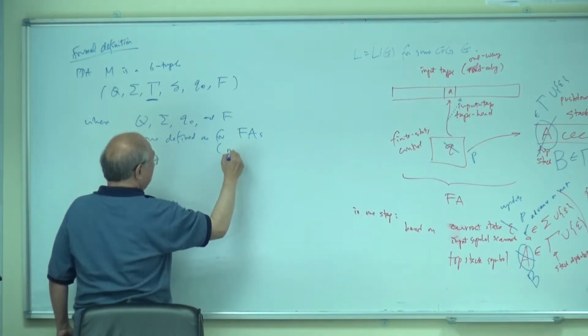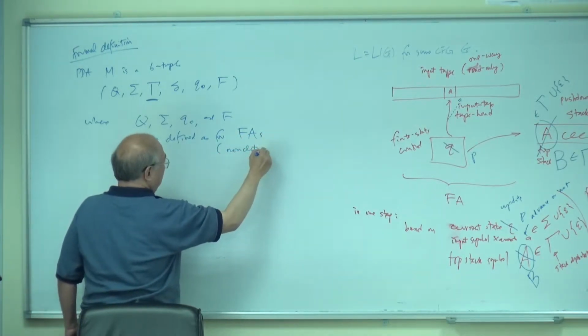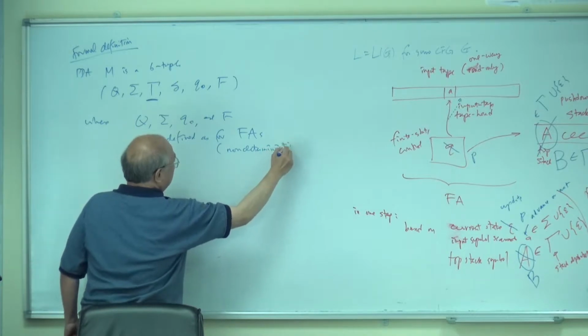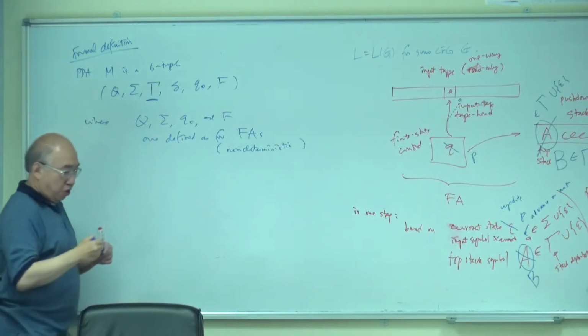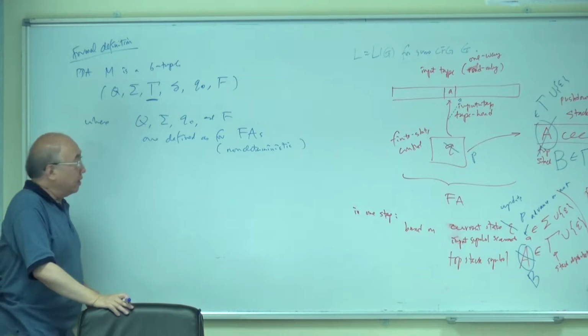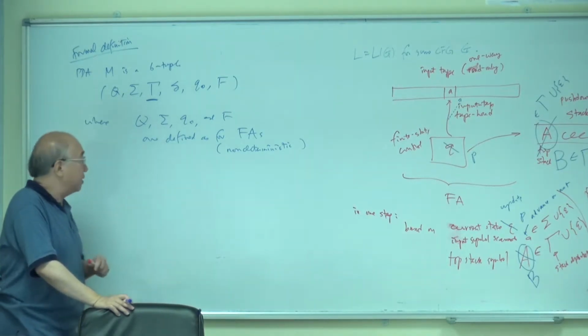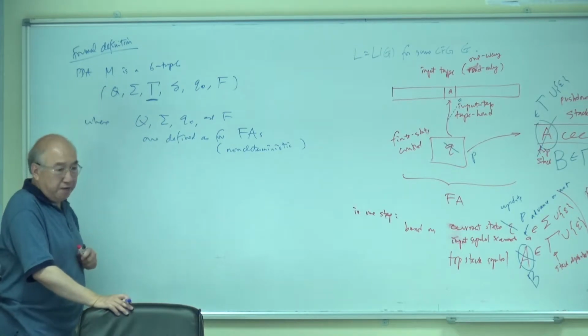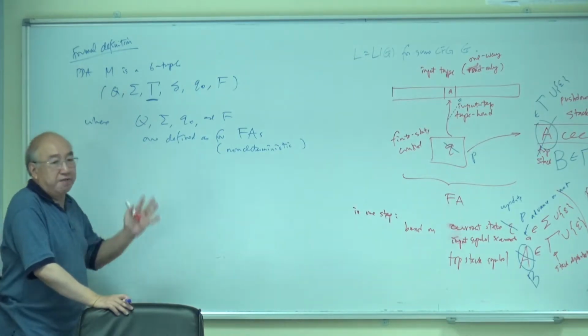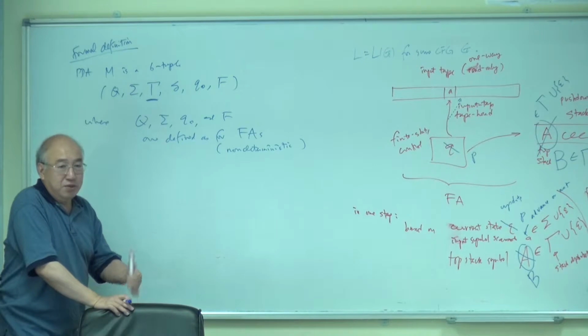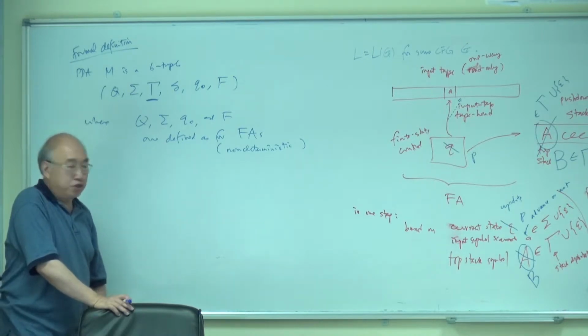So generally it's non-deterministic. So Q is a finite set of states that includes Q0. Q0 is an initial or start state, and sigma is the input alphabet, and F is a set of accepting states that we use to determine acceptance or rejection.